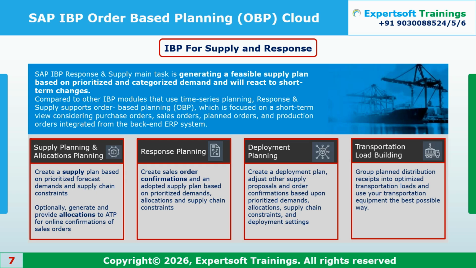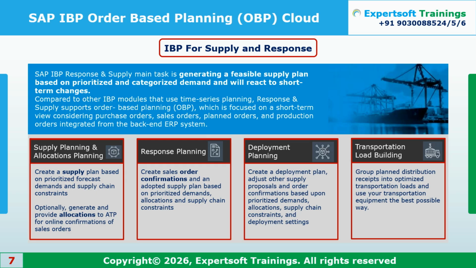Basically, allocation planning will help you to restrict or cap your receipts against your customer demands. Here again, it will support the heuristic and optimizer depending upon your organization requirement. You can go with any kind of planning run. If you want to have a cost-based planning run, then we'll go for the optimizer. If it is generic, then we'll go for the heuristic.